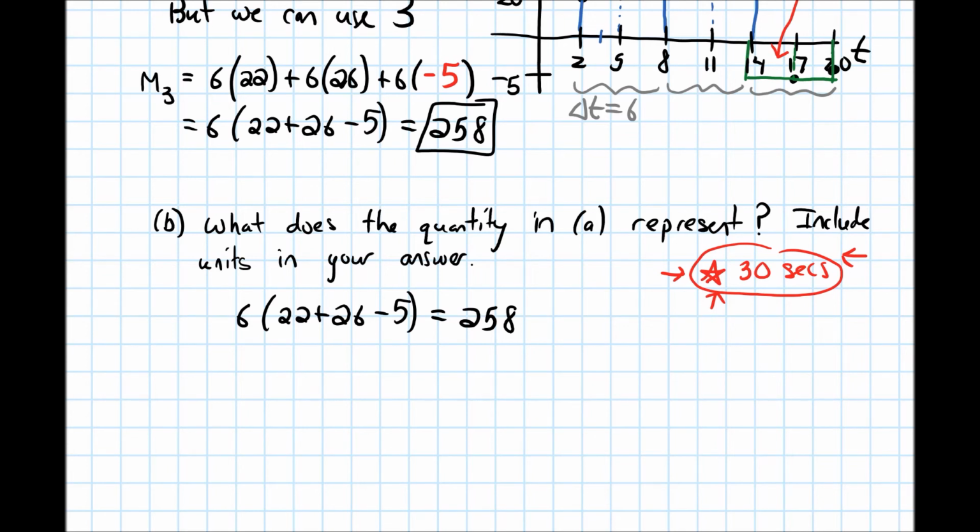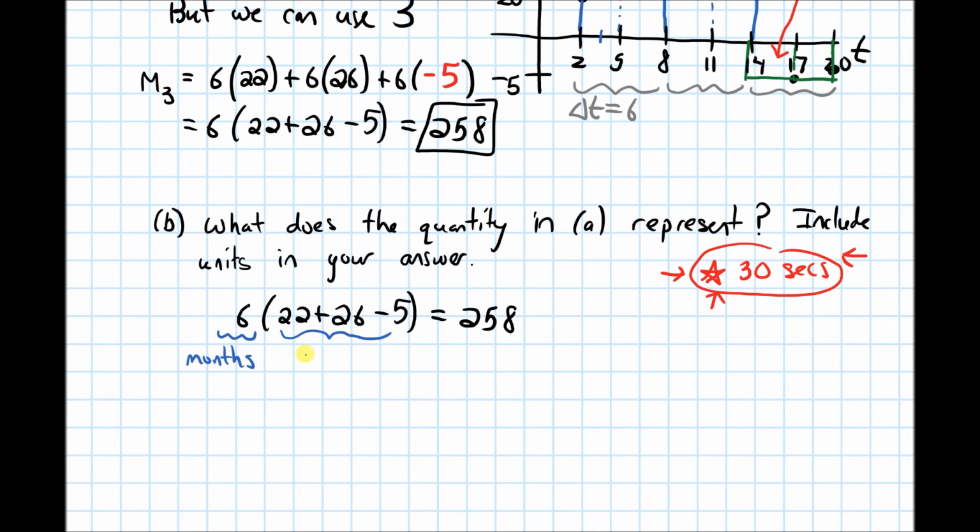Alright, so hopefully you've paused the video for about 30 seconds to think about it. Let's talk about it together. One thing that can help us is to really look at the units for each of these quantities. So 6 was a unit of time. It was measured in months. Each of these values, the 22, the 26, and the negative 5, were profit growth numbers.